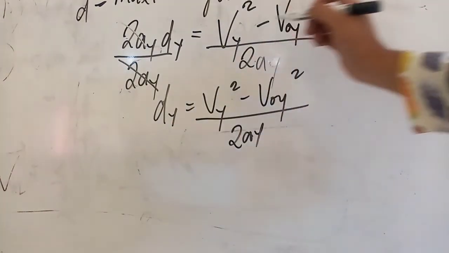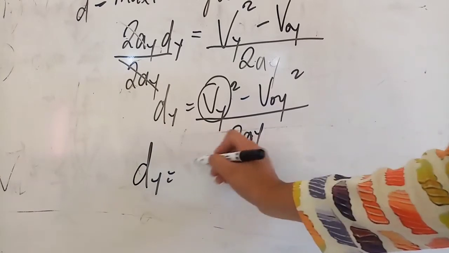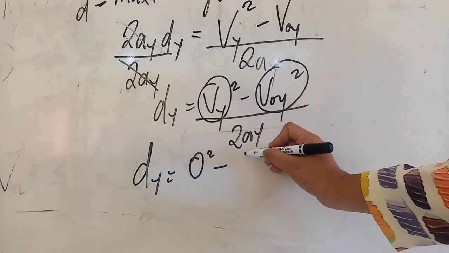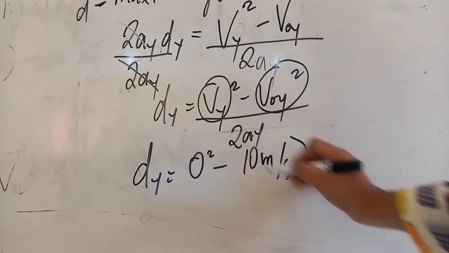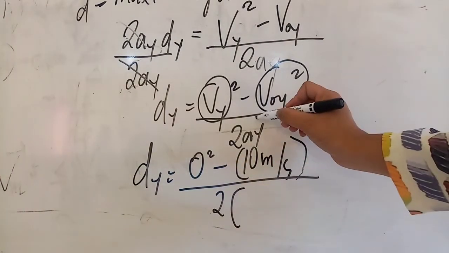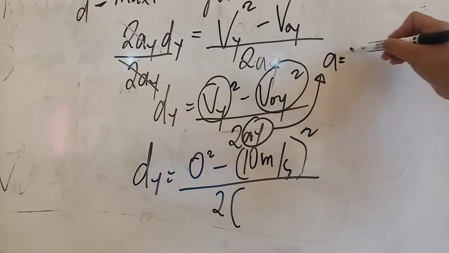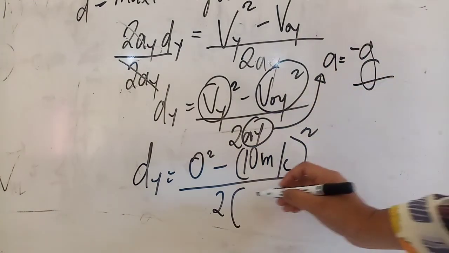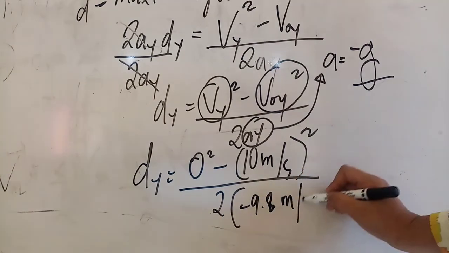Let's just substitute here: 0 squared minus our initial velocity in y, which is 10 meters per second, this quantity squared, over 2 times acceleration. We know that our acceleration in projectile motion is equal to negative gravity. So our value for gravity is negative 9.8 meters per second squared.